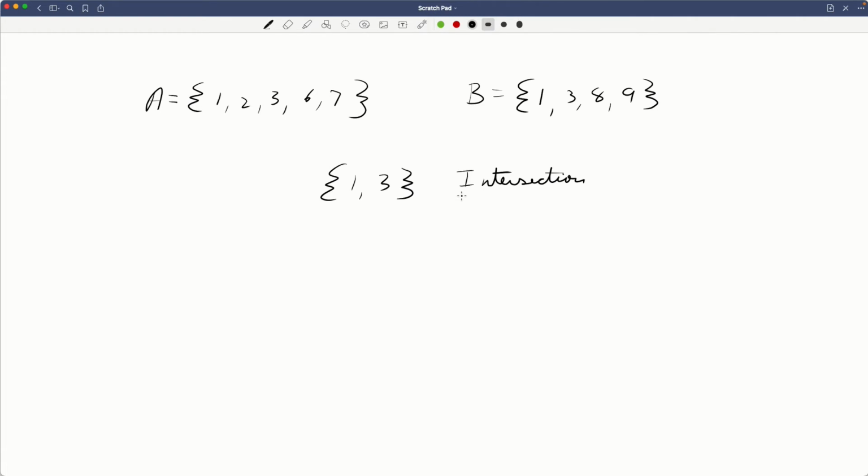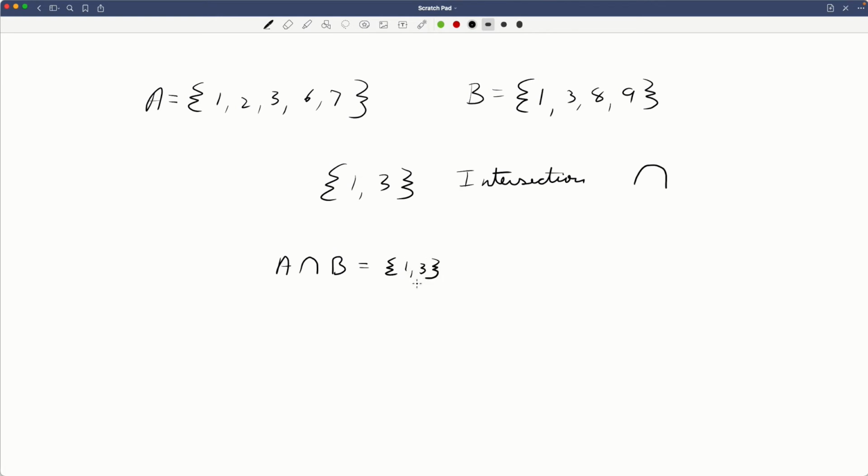We use the symbol that looks like this. It's like an upside down U, but wider, like an upside down half circle, to represent the word intersection. So we write the intersection of A and B is equal to {1, 3}.